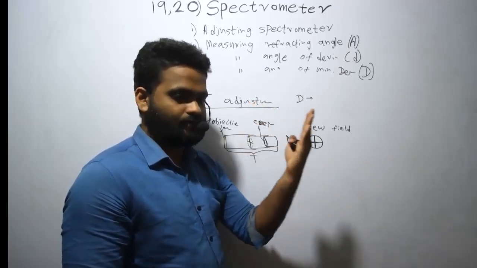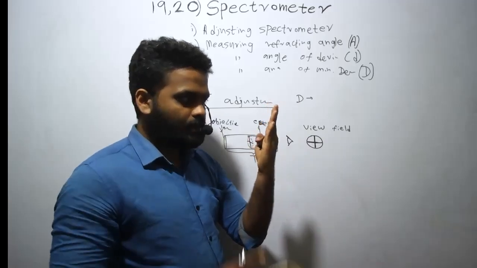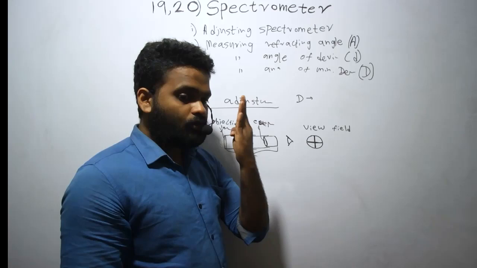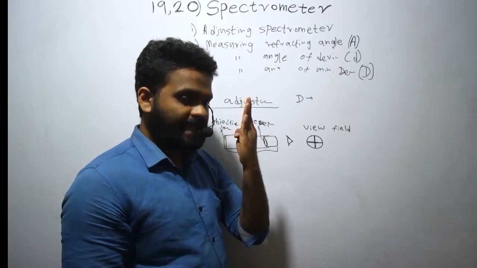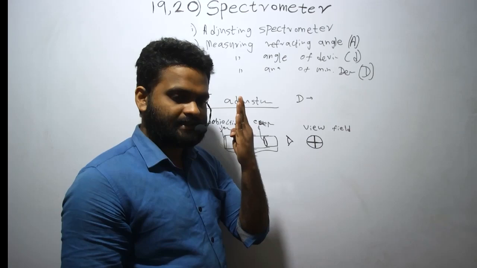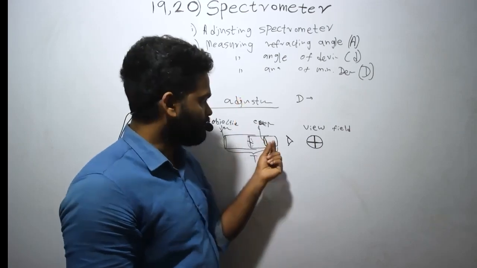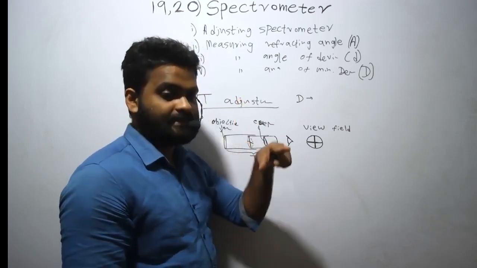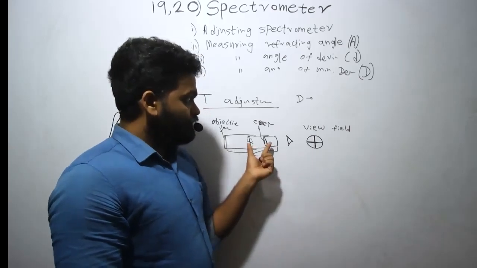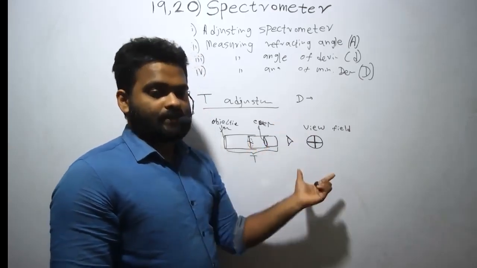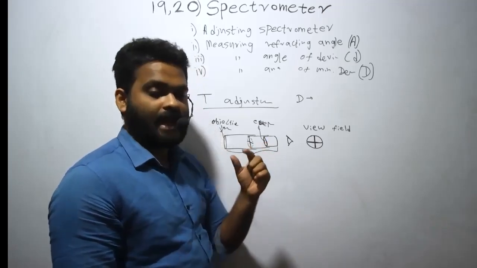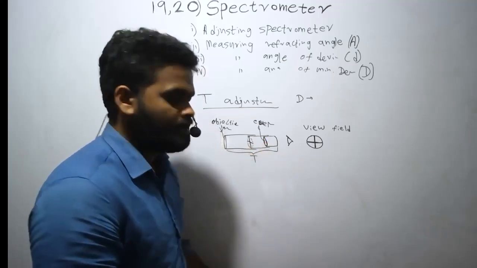If you bring an object closer than that distance, the image gets blurry. That is what the least distance of distinct vision means. From person to person it is different. That's why this distance is adjustable, right?